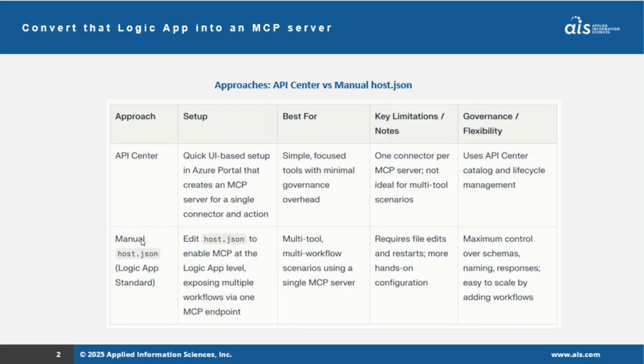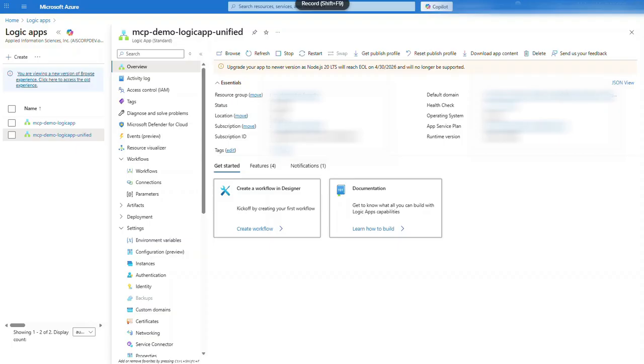The second one is the manual method of configuring the host.json file of your Logic App, where you can expose multiple workflows through one MCP endpoint. So for multi-tool, multi-workflow scenarios, the manual method is more scalable, and in this demo we are going to cover that.